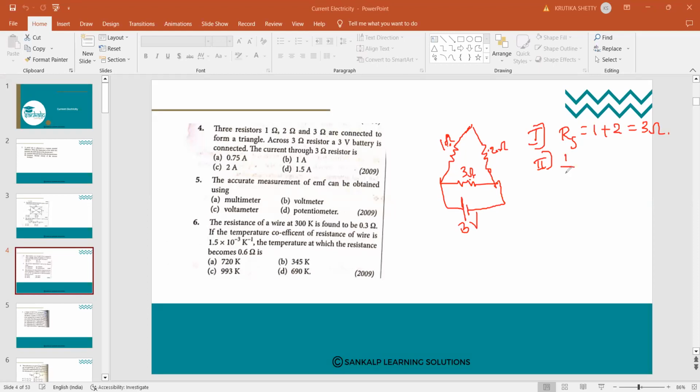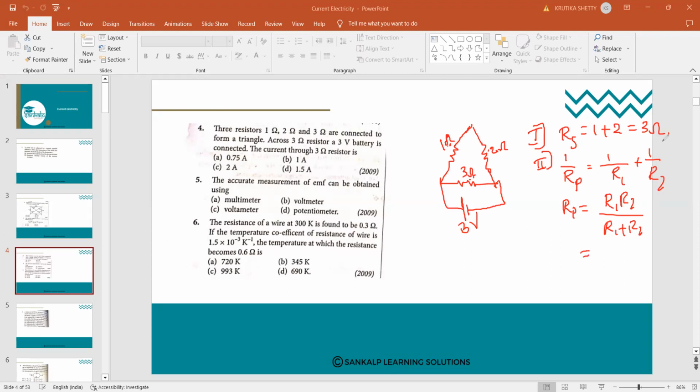The parallel formula is 1 upon RP is equal to 1 upon R1 plus 1 upon R2. When we simplify this, we get R1 into R2 divided by R1 plus R2, which is your RP. Now substitute the values of R1 and R2.